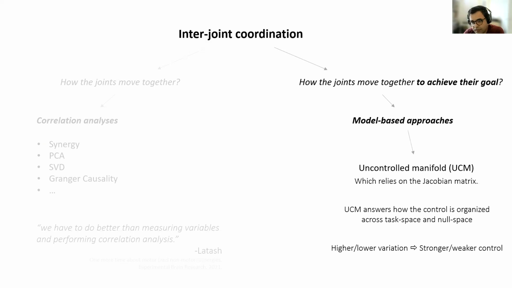The big example is actually from Latash again, the uncontrolled manifold, which is an analysis of variation, because he uses the Jacobian matrix to divide the control into the task space and null space, and by doing this he dissects the variation into task space and null space.